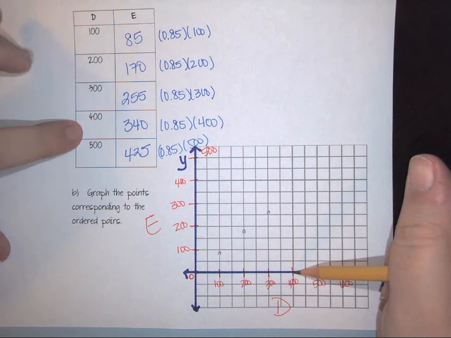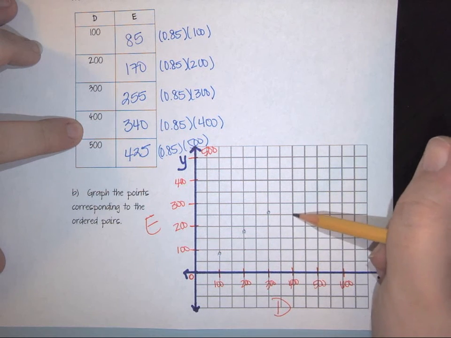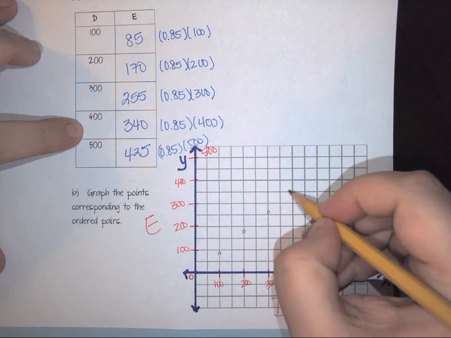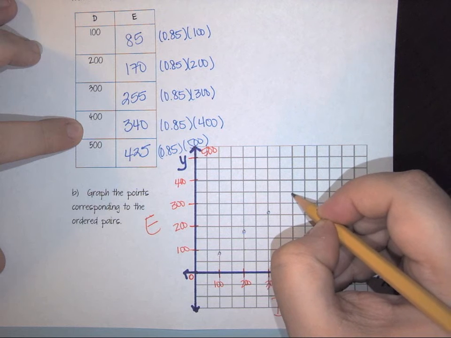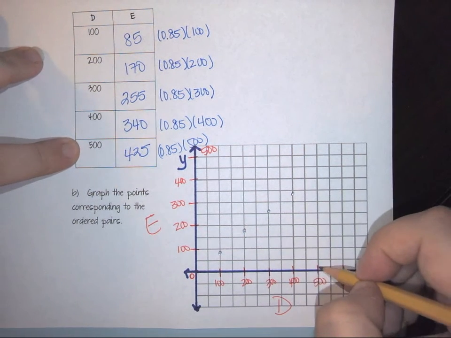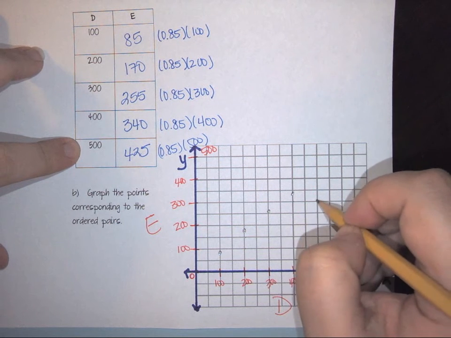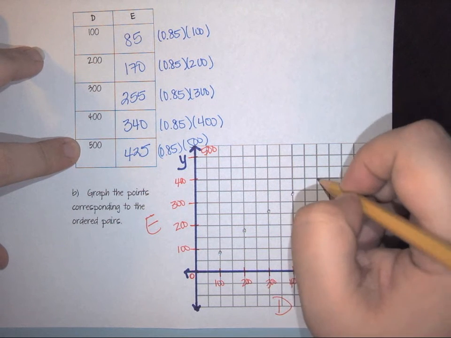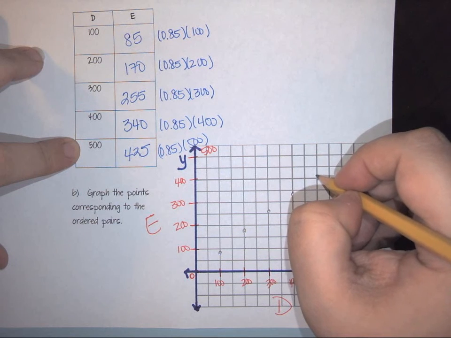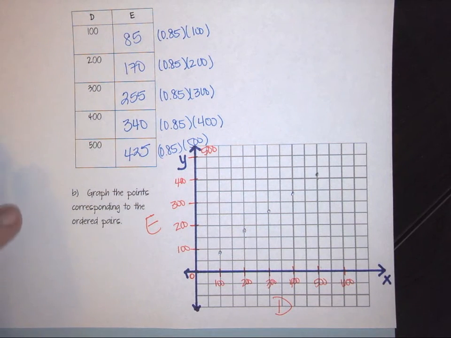Then at 400, we're at 340, so we've got 100, 200, 300. This is 350, so we're down slightly below it. And then at 500, we're at 425, so here's 1, 2, 3, 4, and 25 is slightly above. So we've got our points.